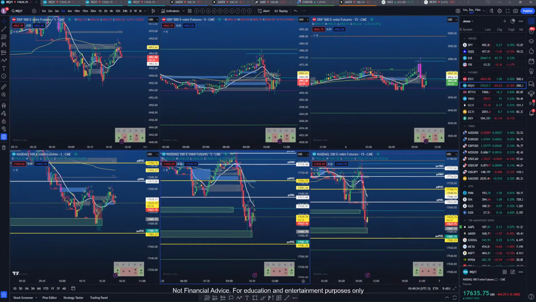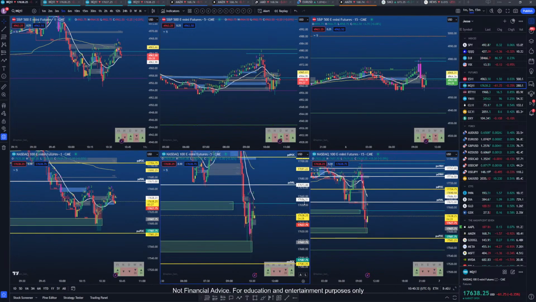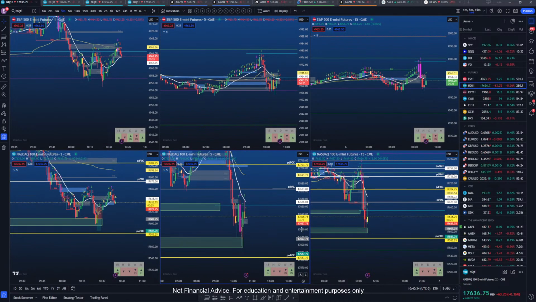It's made its upper wick here, which I think we were talking about earlier. So this first minute or two, I'm looking for it to make its upper wick, and then if it goes two down, I'll take it pretty much as soon as it goes two down.